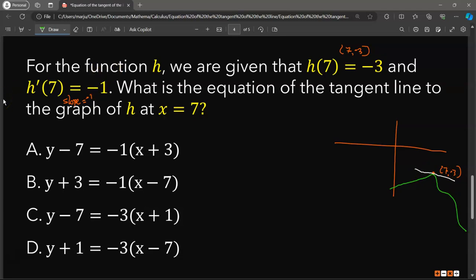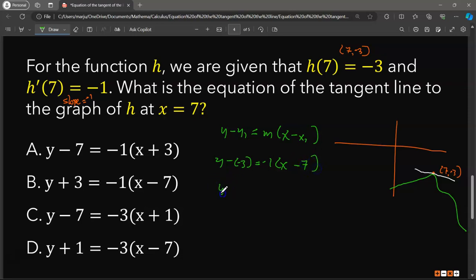Again, the same as earlier, we are given a slope and a point, so we make use of the point slope form. y minus y sub 1 equals m, the slope, times x minus x sub 1. What is our y sub 1? That is negative 3. So we have y minus the negative 3 equals negative 1 times x minus 7.